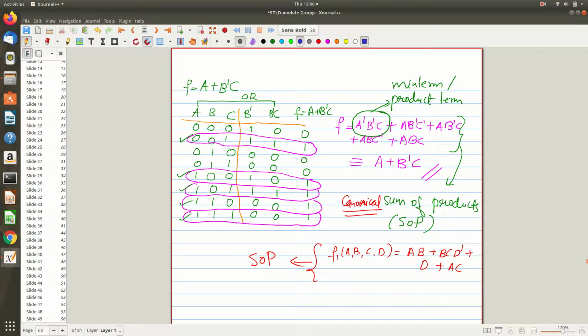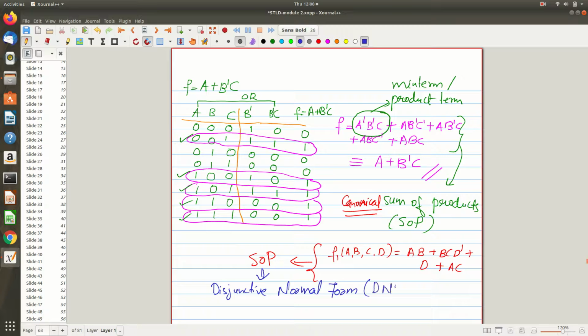So what is called SOP is otherwise called the disjunctive normal form. This is not a terminology used in logic system design.